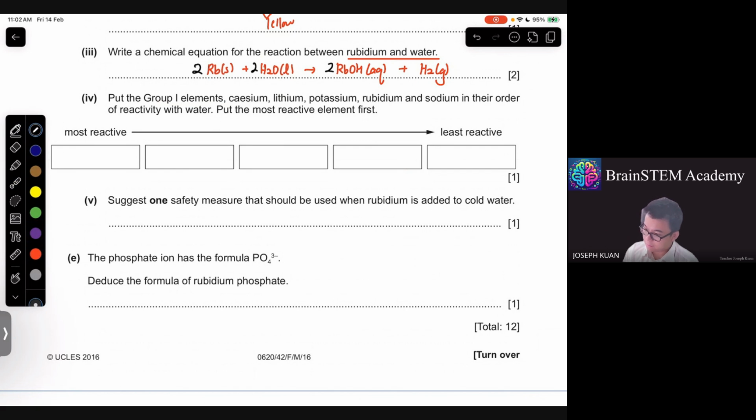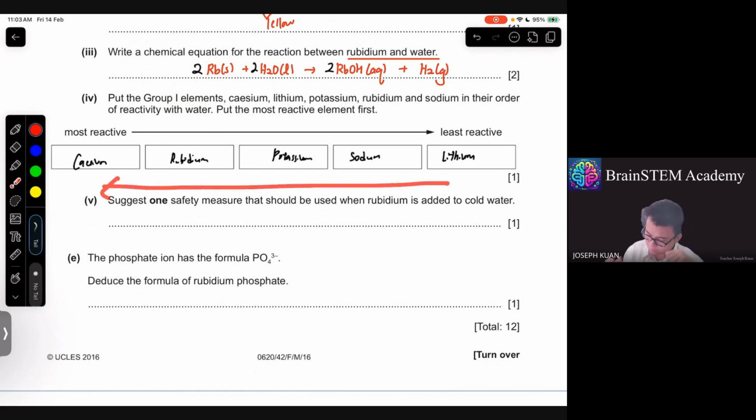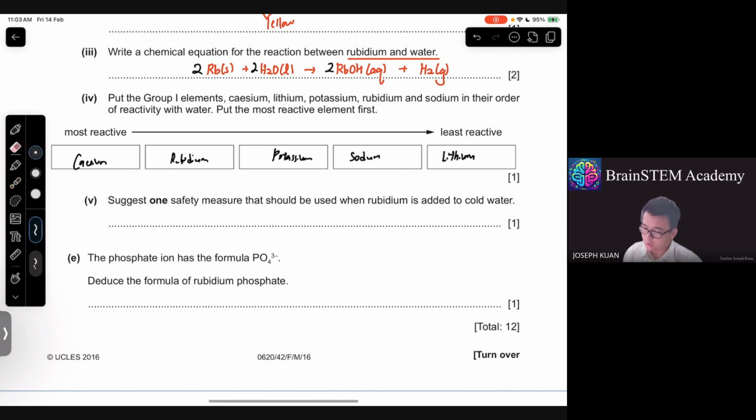In that case, there will be caesium first, followed by rubidium, followed by potassium, then sodium, and then lithium. Going down the group, it gets more reactive. Next, give just one safety measure that can be used when rubidium is added to cold water.